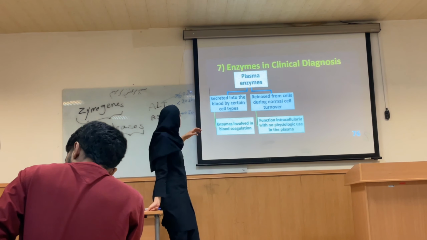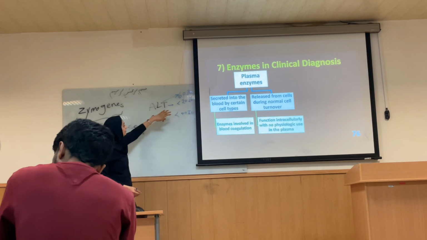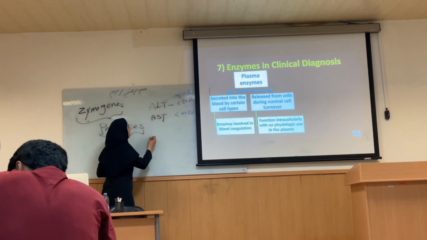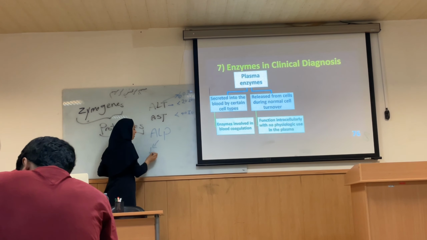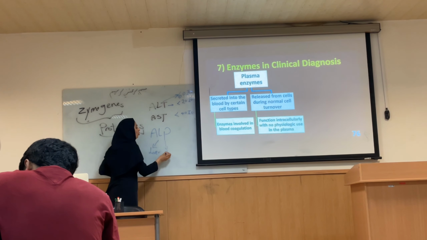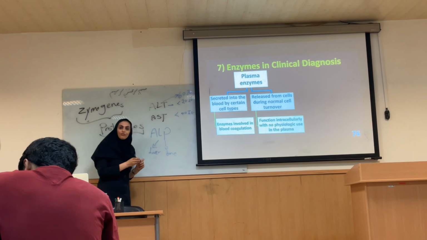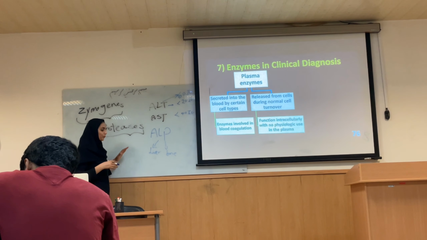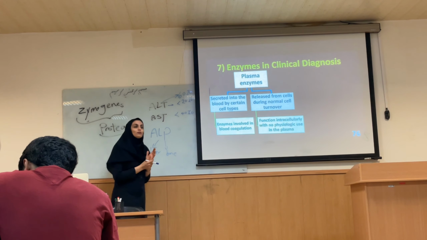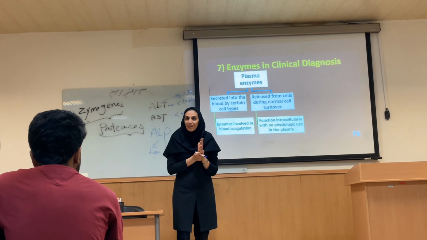For example, ALP, alkaline phosphatase, is evaluated for liver, for bone, for different situations, with different isoenzymes of them. Or maybe, guys, have you ever heard about PSA?